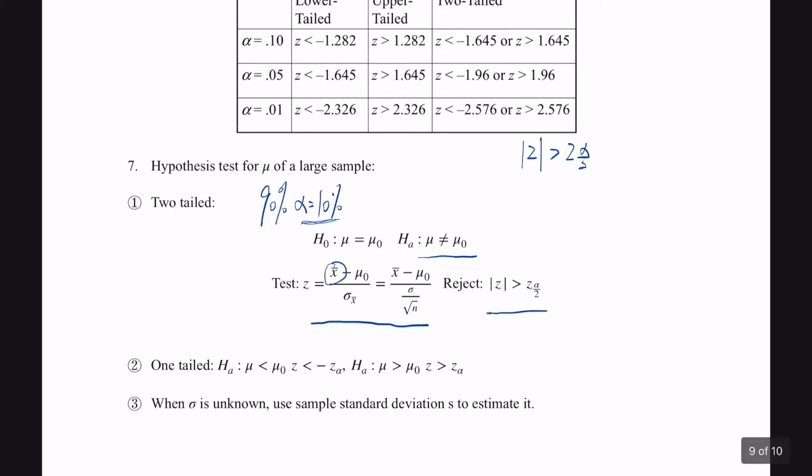And if we write this in full detail, how to calculate the z-score is here. Then we get rid of the absolute value. Oh wait, I made a small mistake here.